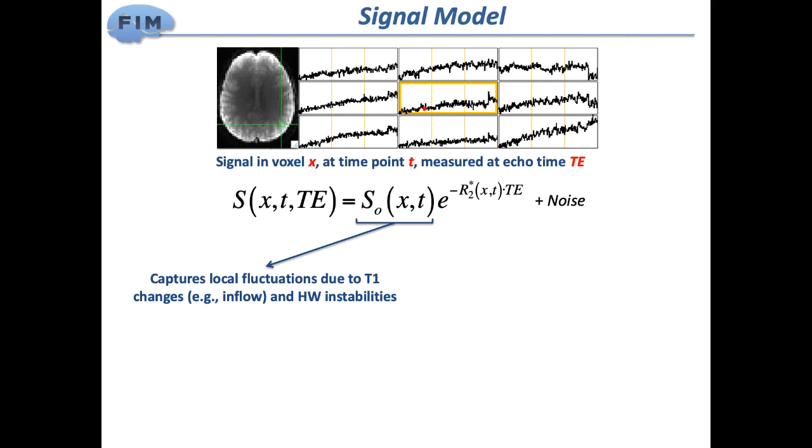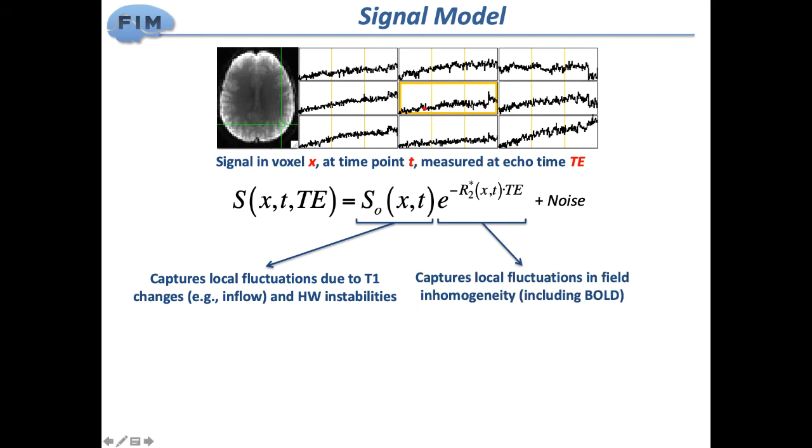We have one component, the S0, that captures local fluctuations due to T1 changes, hardware instabilities, things that we usually don't want, and that account for quite some part of the variance in the data. And then we have a second component that captures changes in R2 star, a big proportion of which is going to be the fluctuations that we really care about, the BOLD effect.